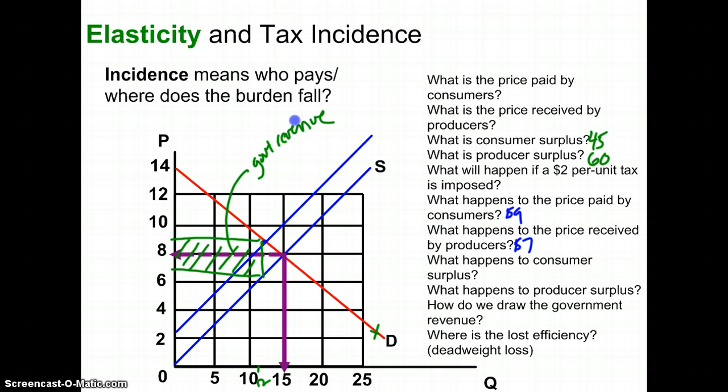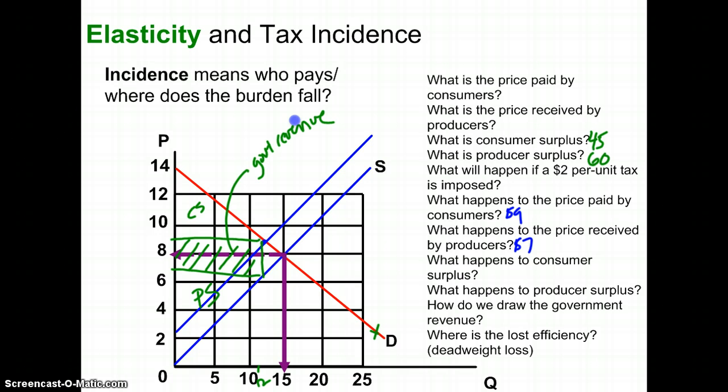So now, consumers are paying more and producers are receiving less. What happens to consumer surplus? We can see the triangle up here of consumer surplus has gotten smaller. In fact, the consumers have lost some of their surplus. Some of it went to the government and some of it became a deadweight loss, which we'll see in a moment. Producer surplus is also smaller.